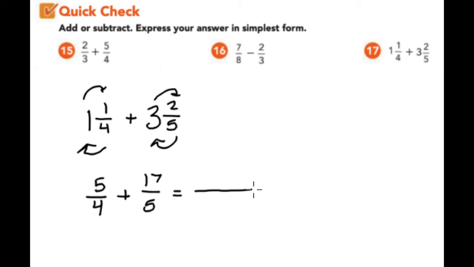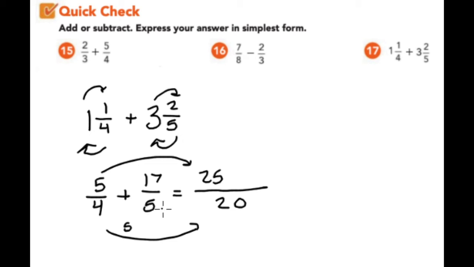Our common denominator between 4 and 5 is 20. 4 goes into 20 5 times. 5 times 5 would give us 25. And then 5 goes into 20 4 times. 4 times 17 would give us 4 times 10 being 40, and 4 times 7 being 28.